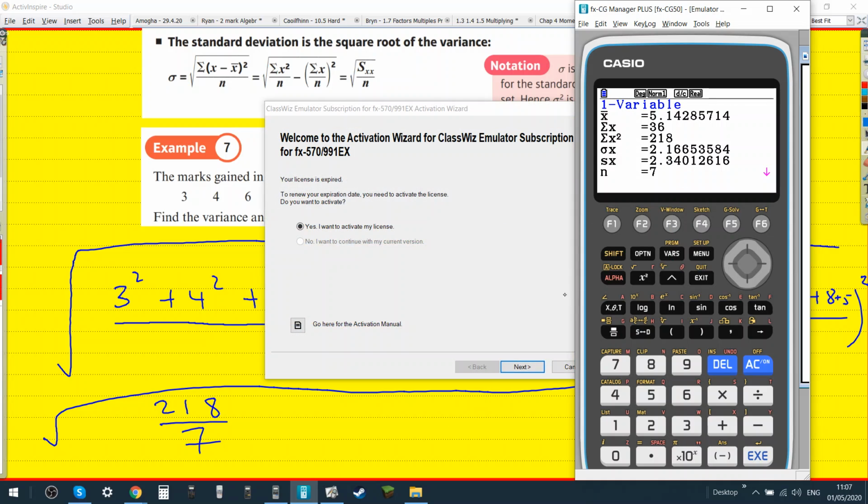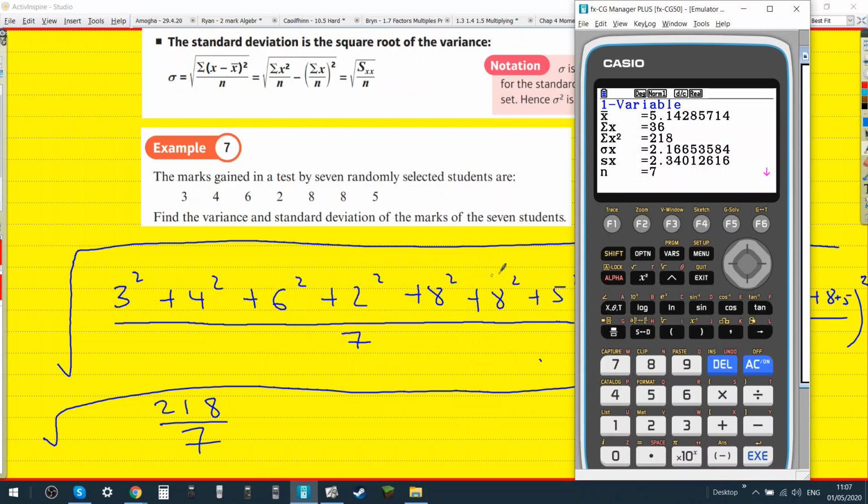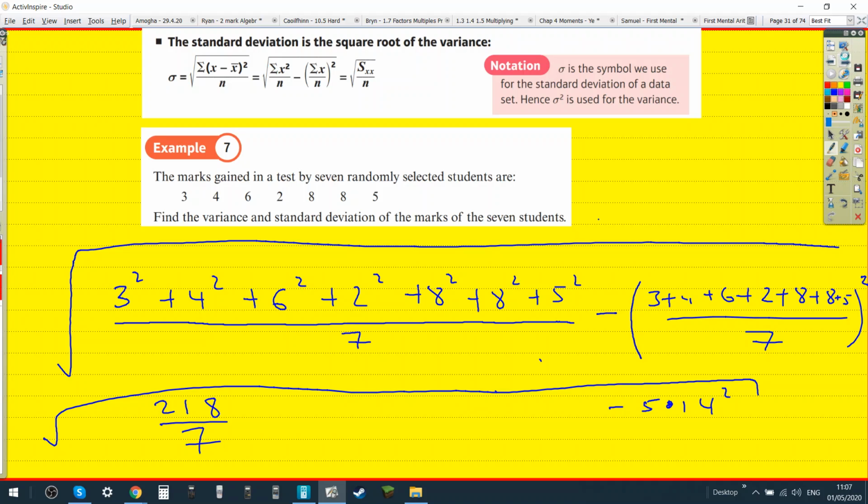And then helpfully, that's the other one. If I press down, Q1 mod. Is it SX, the standard deviation 2.34, or is it the population one, 2.1665? Let's take a look.